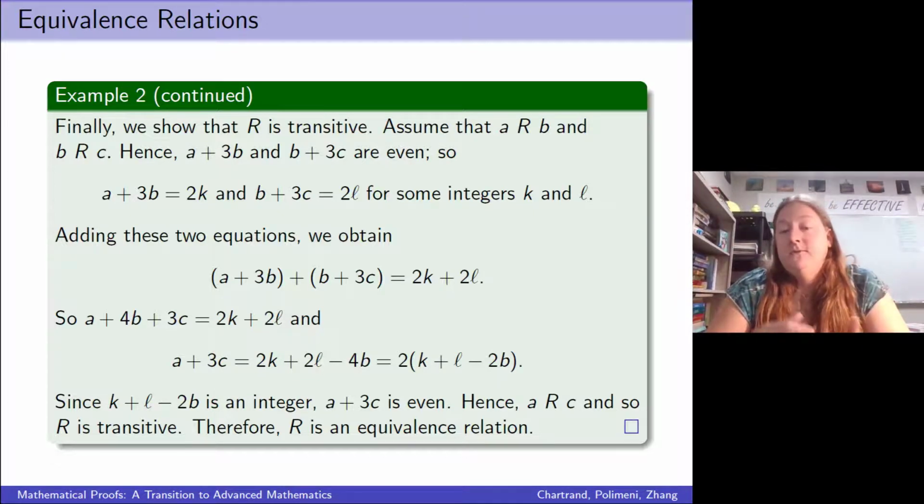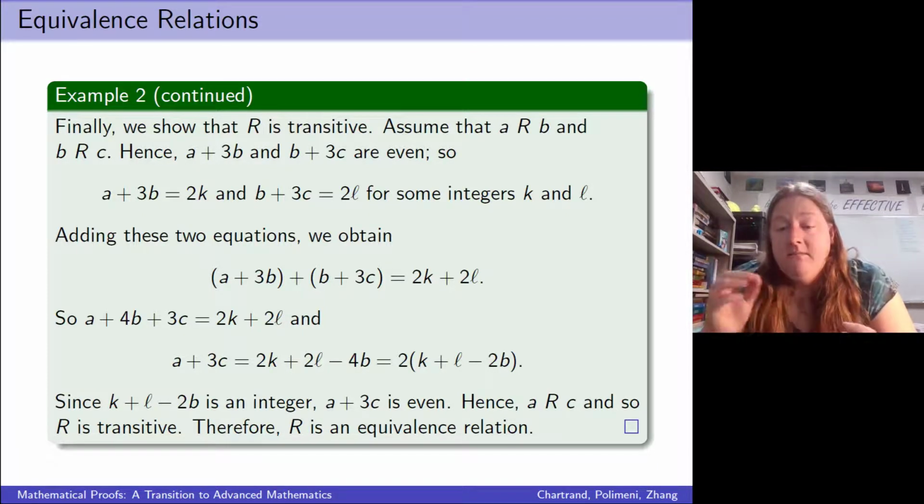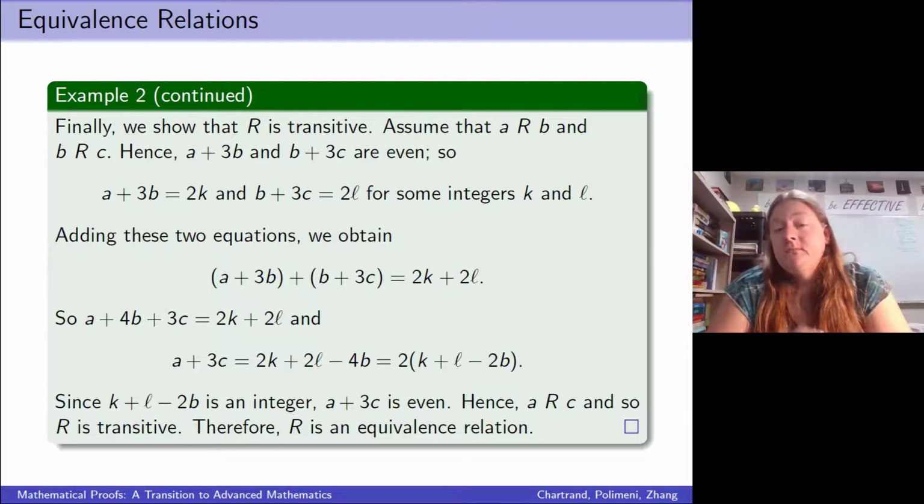Factoring out a 2, I have 2 times the quantity K plus L minus 2B. Since K plus L minus 2B is an integer, then A plus 3C is even, and consequently, A is related to C. So our relation is transitive. Since we've shown that our relation is reflexive, symmetric, and transitive, we've shown that our relation is an equivalence relation.